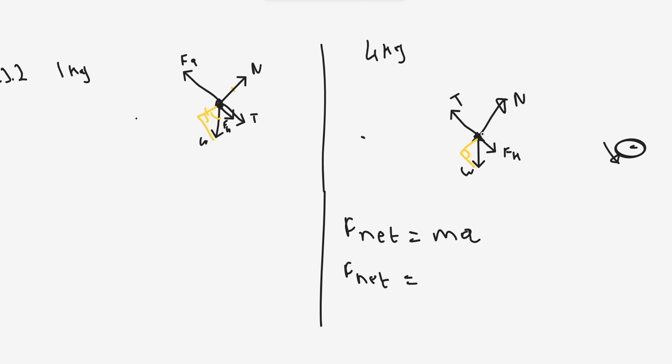The forces acting parallel to the plane on the 4 kg block: we have tension T minus, since the frictional force is opposing the motion, minus Fk, and also FG parallel is opposite the motion, so minus FG parallel.